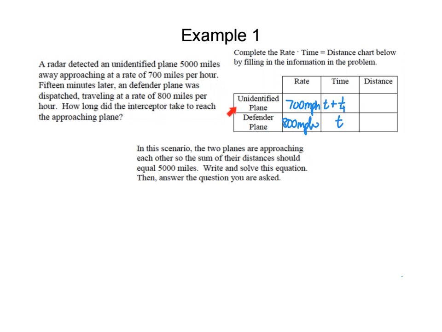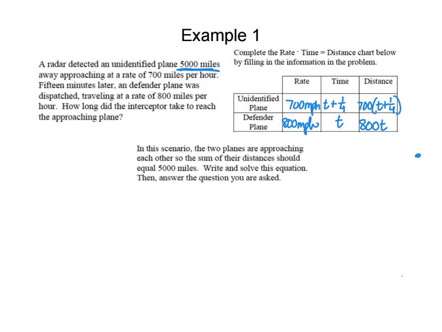Now, the distance my unidentified plane travels is 700 times the quantity t plus 1/4. And the defender plane is going 800 miles per hour times t. Now, we have to determine, do I set those distances equal? Do they sum to a third quantity? Well, the key here is that unidentified plane is 5,000 miles away.